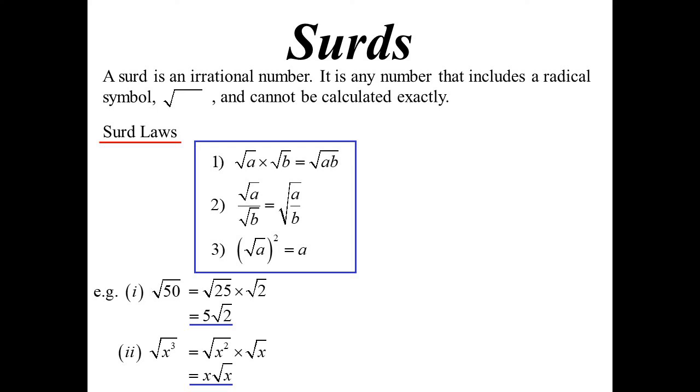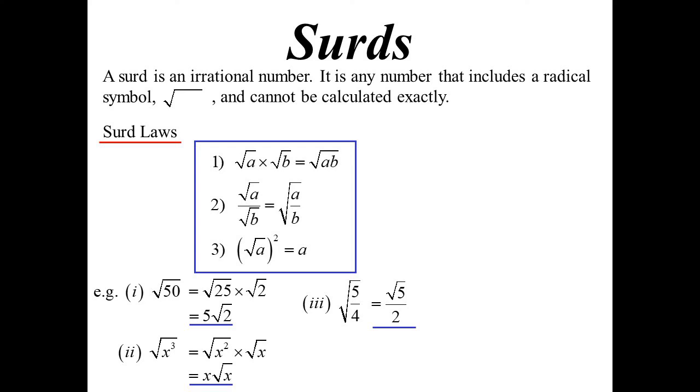Why? Always go back to what the original question was. X cubed couldn't be negative because you can't find the square root of a negative number. So by definition, I know x is a positive number, and I don't need to therefore write absolute value of x root x.